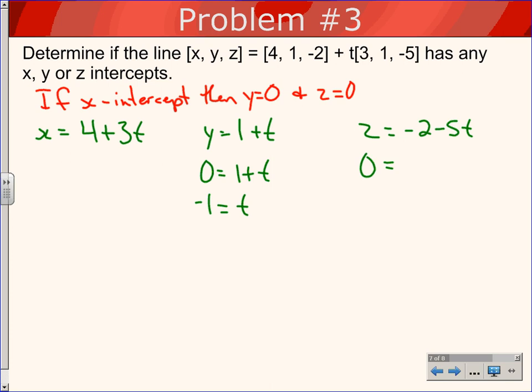So if t is -1, then we're going to get a y value of 0. But for z, that's not going to work. For z, if we want to get a 0 there, the parameter had to be -2/5. So they weren't equal. So our conclusion is that there is no x-intercept.